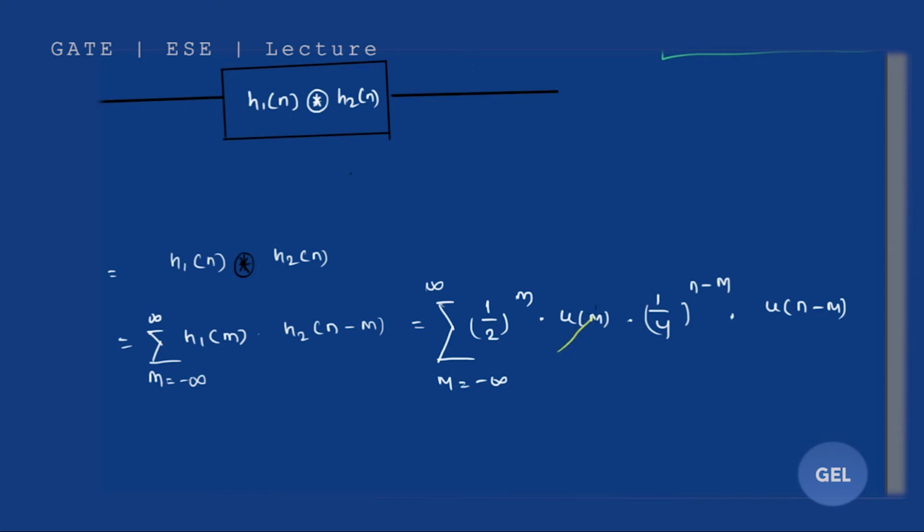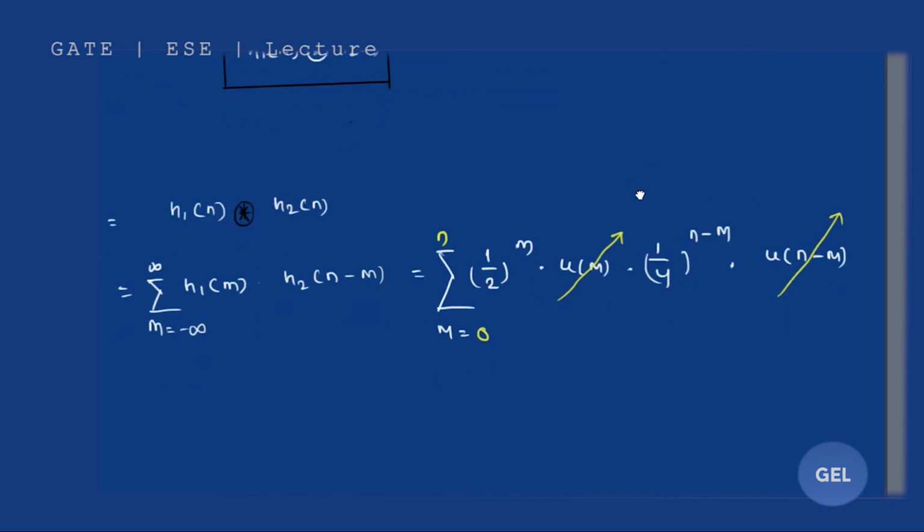After the removal of these two unit steps, exactly as in the continuous time domain, the limit changes to m equals 0 to n. Yes or no? We used to do this with u(t), u(tau) and u(t minus tau). This leads to 0 to t, where 0 to infinity and t minus tau reduce the limits to 0 to t. Clear?